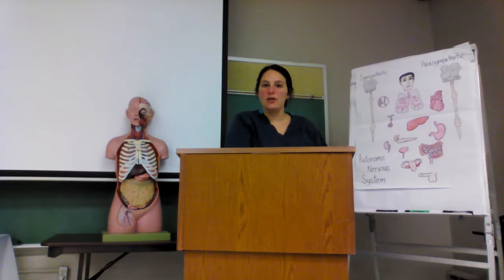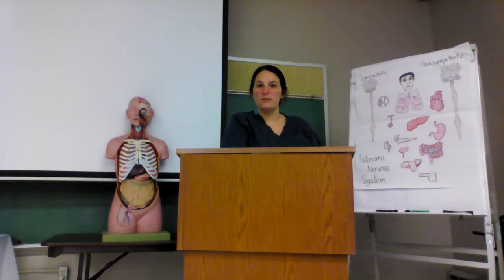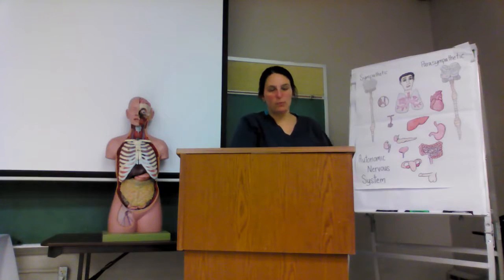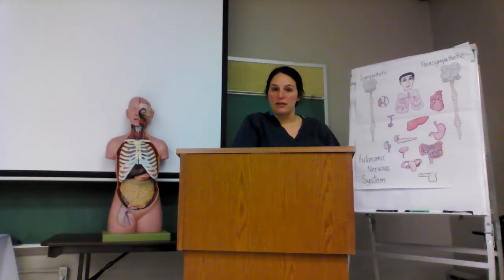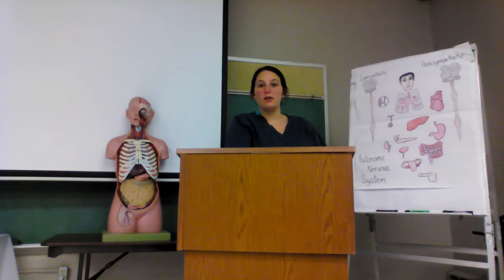So looking at atropine, atropine is going to cause your pupils to dilate. Now that's not going to happen as a parasympathetic response, but this is an antagonist, so it's against that parasympathetic response.